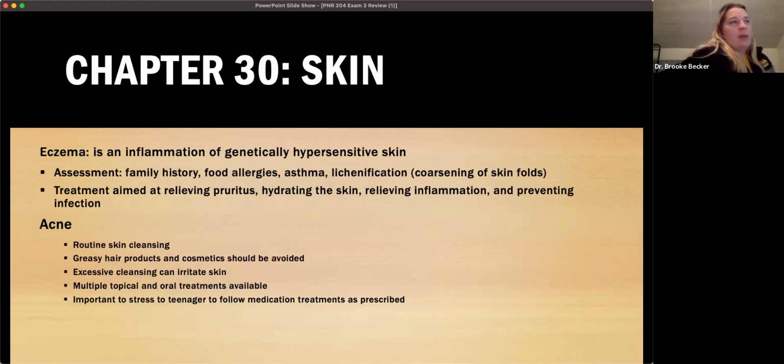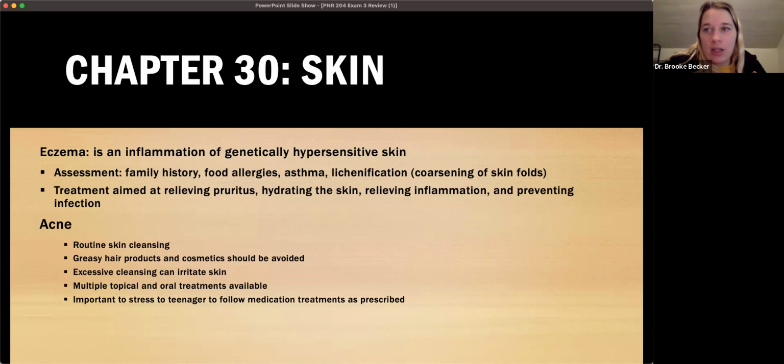Eczema, I kind of already talked about that too. So a lot of times it's allergy driven. A lot of times kids with eczema also have asthma or other food allergies. So your treatment is aimed at relieving the itching or pruritus, hydrating the skin, reducing inflammation, and preventing infection.